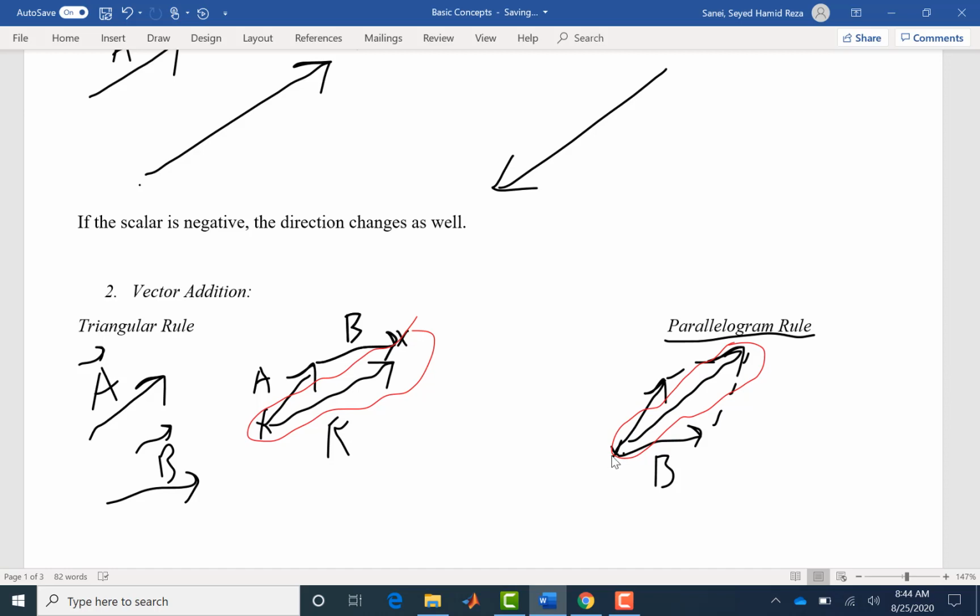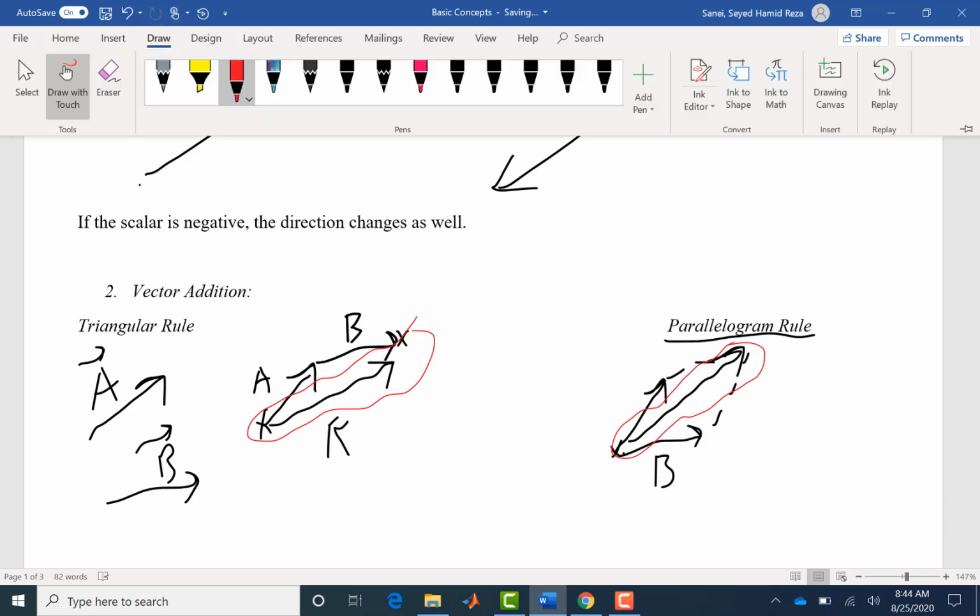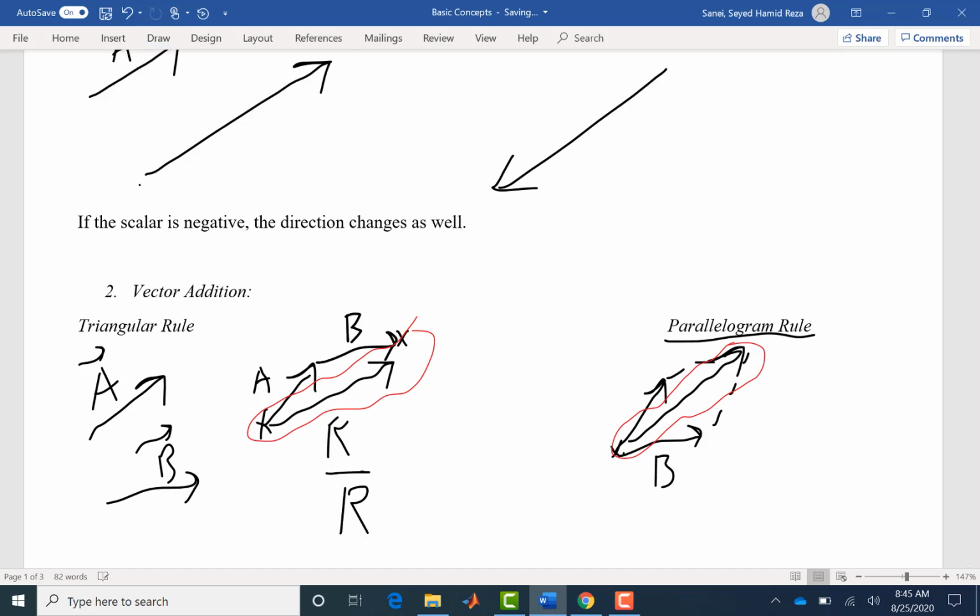They begin at the same point, and then draw parallel lines to each, and when those parallel lines meet, that would be the end of our vector. That's how we can find the resultant vector by drawing. So R.